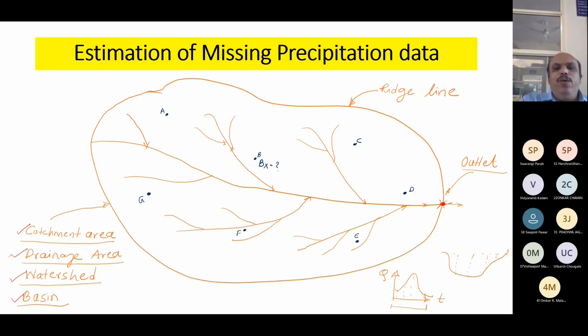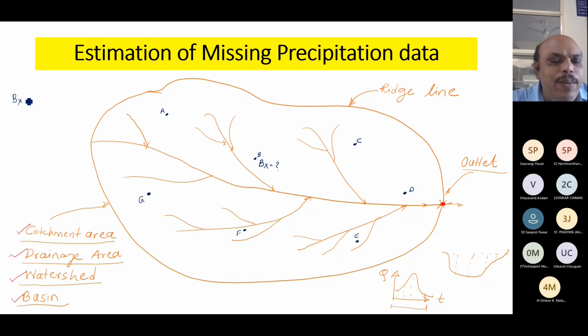We want to know what is the precipitation value at station B. For all other stations, that is A, C, D, E, F, G, data is known to us, and only for B, by mistake or due to some reason, data is not recorded. So in that case, what is the formula? Formula is here.